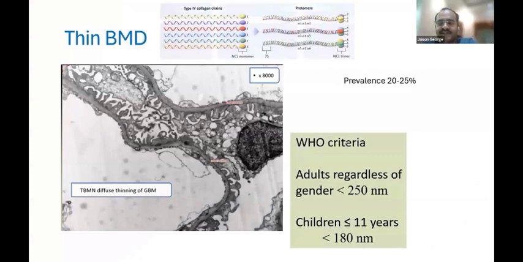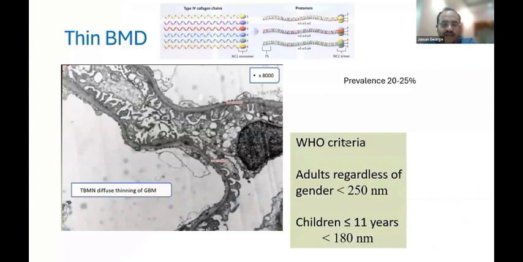Yeah, so sometimes in spite of the normal switch of alpha 1, 1, 2 to alpha 3, 4, 5, there can still be variants in the genes resulting in abnormal basement membrane formation. That causes thin basement membrane nephropathy. This can be familial or sporadic. As you see in this electron microscopy image, there can be diffuse thinning of the lamina densa layer.